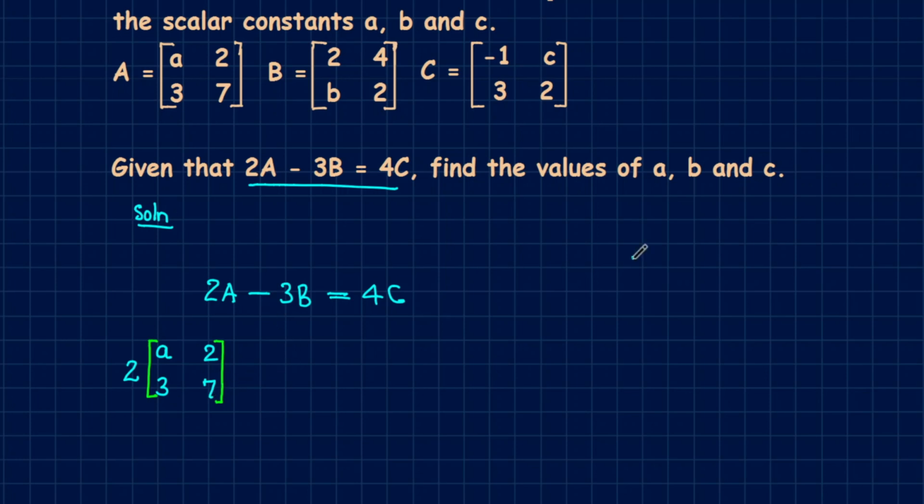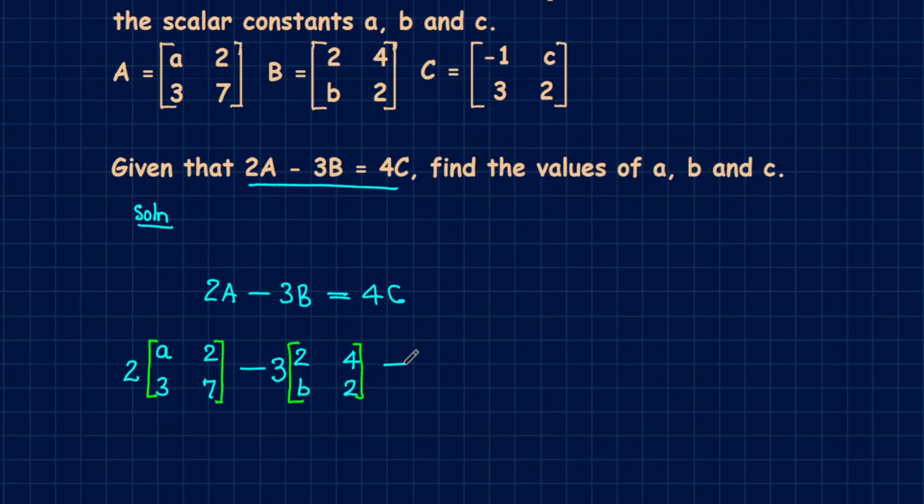Next is scalar 3, and we create matrix B and enter its elements: 2, 4, b, and 2.